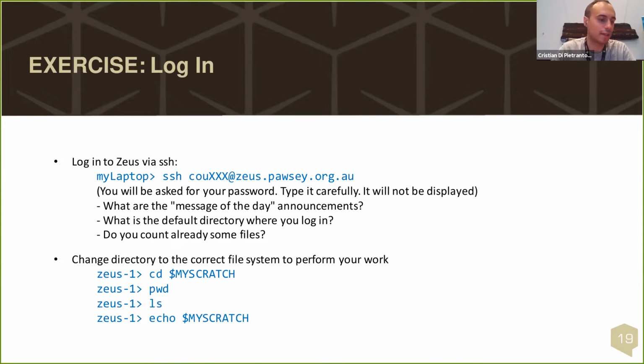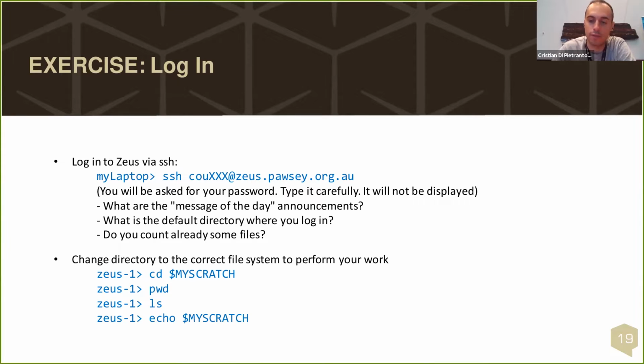This is the first exercise we have. The exercise will ask you to simply log in on Zeus and see if you can perform these simple operations. When you connect on the supercomputer, if successful, you will be shown a prompt that will accept commands such as cd, pwd, ls, the normal Linux commands you would execute on your Linux machine.